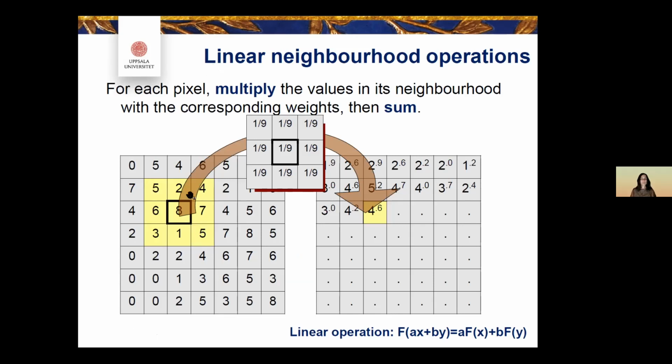So we are looking at a particular pixel, we are looking at a particular neighborhood, and we are performing operations on these pixel values in the particular neighborhood in order to produce a response in the output image in the particular place that corresponds to the central pixel of the neighborhood.